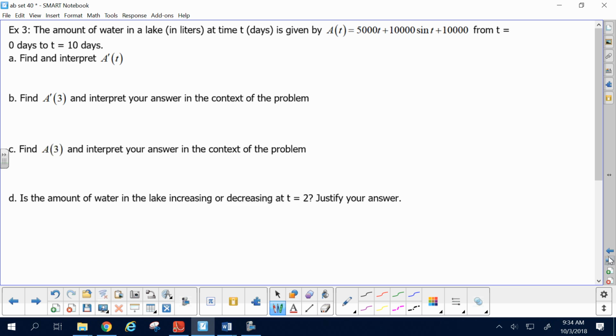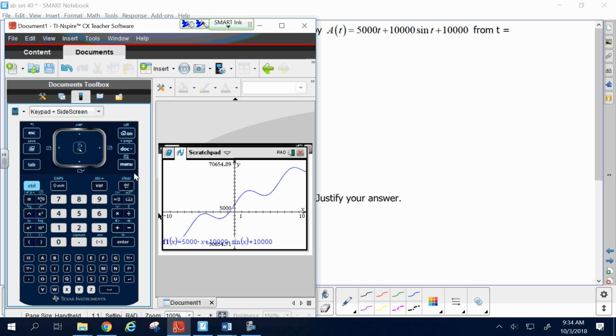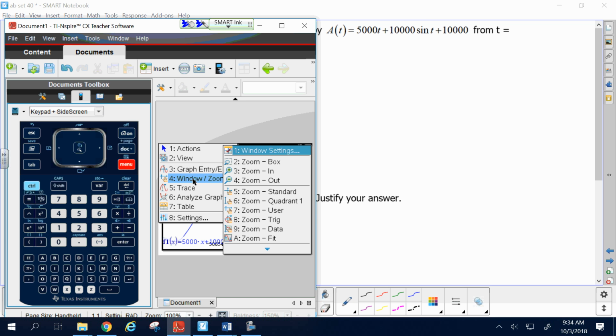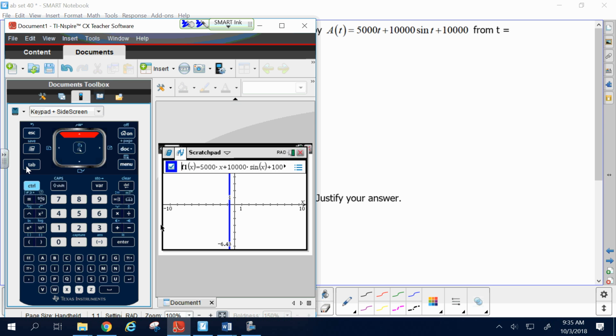So would you start by getting that function in your calculator, please? 5,000 t plus 10,000 sine of t plus 10,000. Make sure you calculate it in radians.